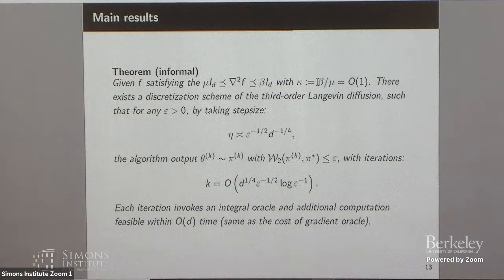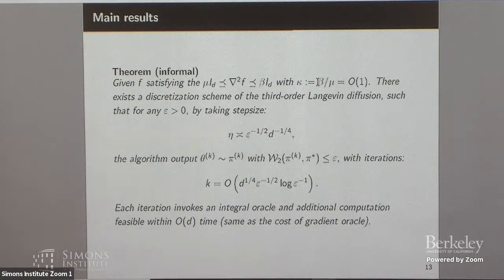This is the iteration complexity of the algorithm, and it's natural to ask what the per iteration complexity is. For each iteration, we invoke one integration oracle, as I explained, and some additional calculation, like adding things together and generating d-dimensional Brownian motion and adding it to the iterate, and all these things are feasible within O(d) time.